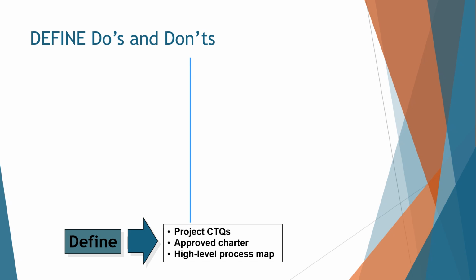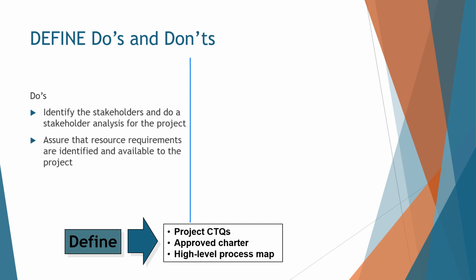Approve the project charter and do include a high-level process map for your Lean Six Sigma project. Do identify the stakeholders and do a stakeholder analysis for the project. Assure that resource requirements are identified and available to the project. Load the project into the project database.